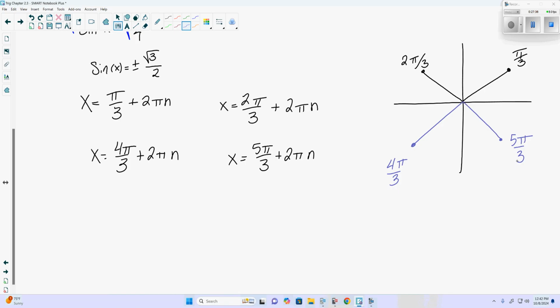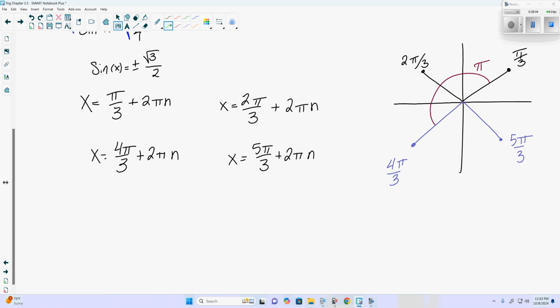We're good with saying that there, yes? What is the distance, what is our angle value between pi over 3 and 4 pi over 3? What would I need to add to pi over 3 to get 4 pi over 3? What's 180 degrees in radians? It's pi, yes?